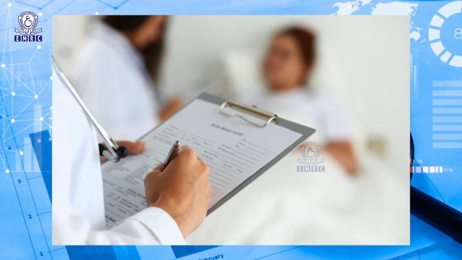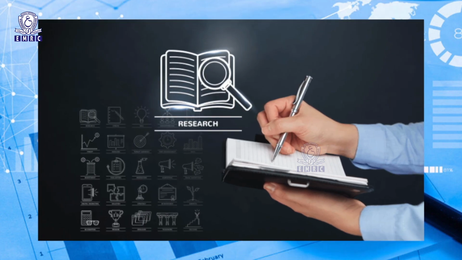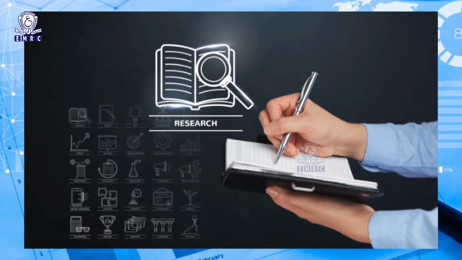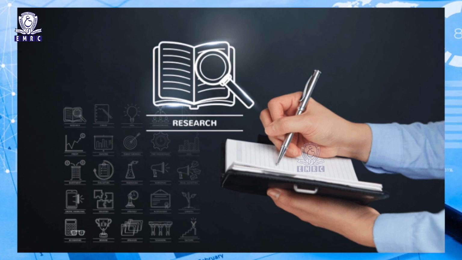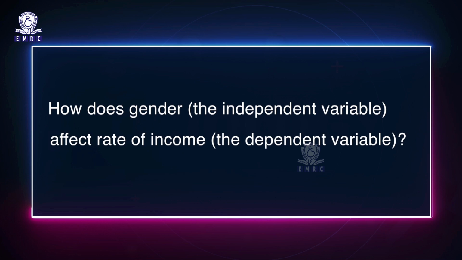For example, in a research study, the researcher establishes one form of human behavior or happening as the independent variable and observes the influence it has on a dependent variable. For instance, how does gender, the independent variable, affect rate of income, that is the dependent variable?